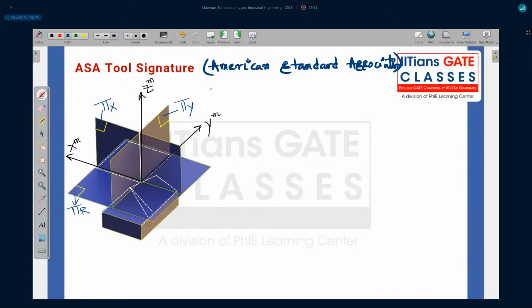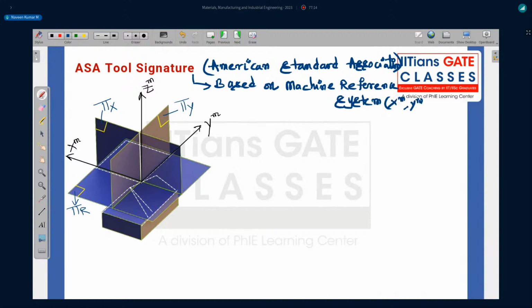So this is based on the machine reference system. Those are XM, YM, and ZM. So these are all fixed with respect to the machine. From there, we are going to work out.